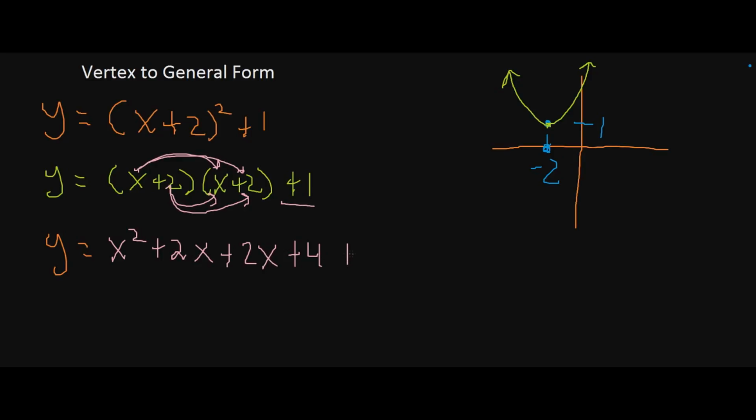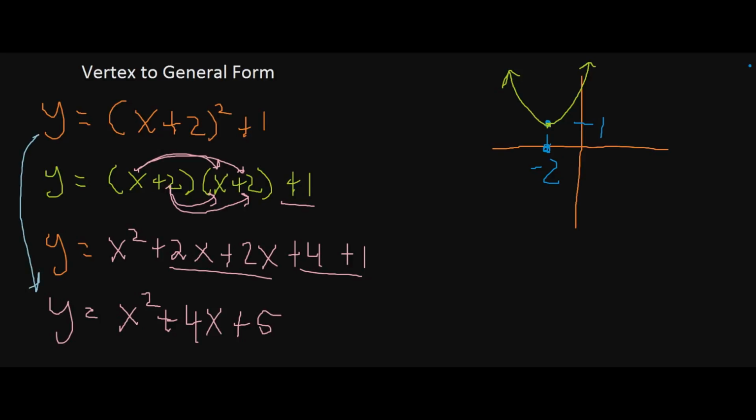So we get y equals x squared plus 2x plus 2x, which is 4x, and then 4 plus 1 gives me 5. So there we go. We were able to go from vertex to general form.